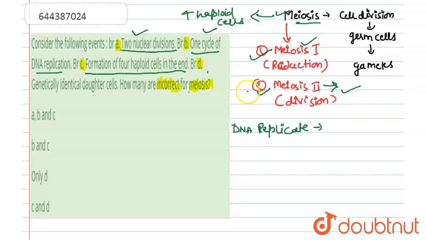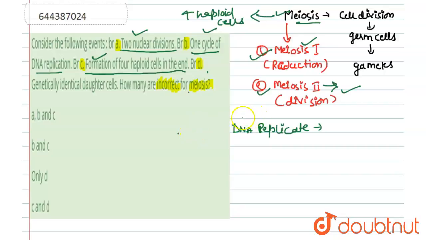The cells need to develop before they become mature gametes capable of fertilization. They are just haploid cells. So option C is also correct.